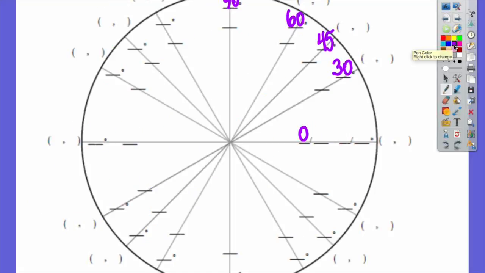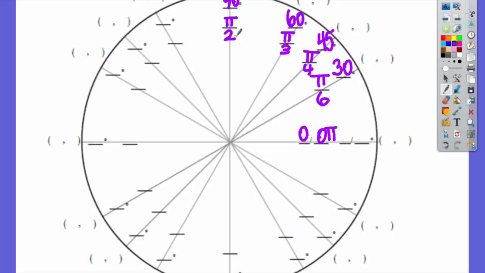I got my degrees. I'm going to fill in my radians next. I'm going to use purple for my radians. So that was 0 radians, pi over 6, pi over 4, pi over 3, and this one, pi over 2.